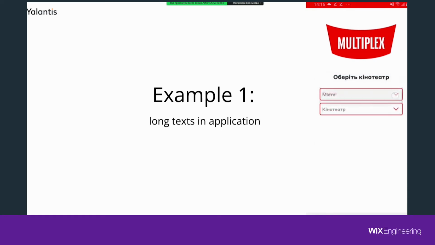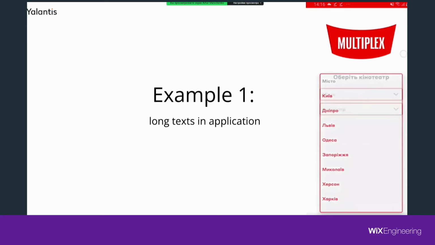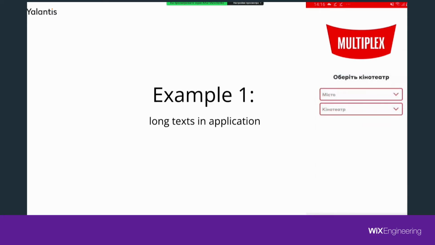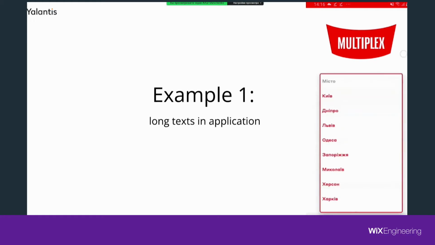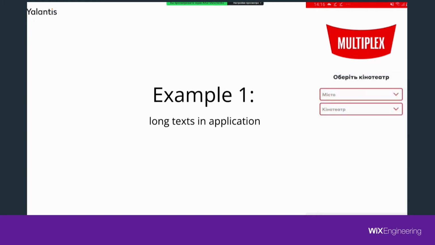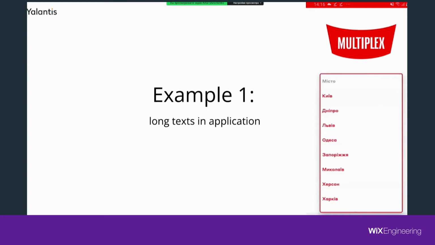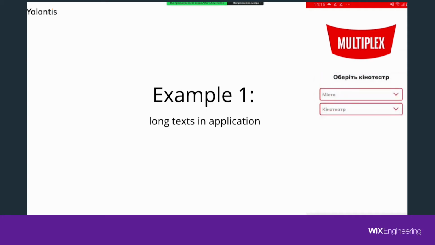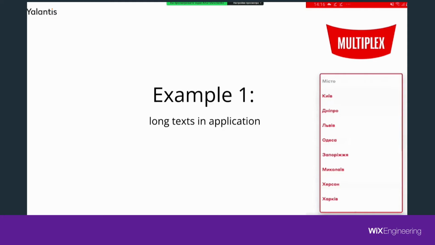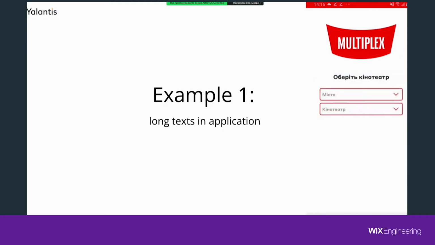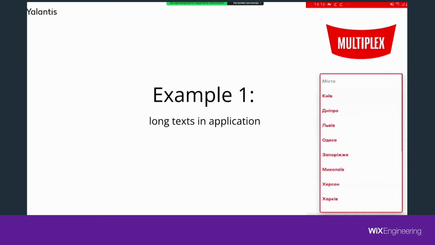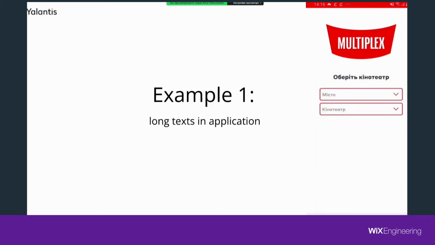So let's consider this application. When we open it, we see some cities and some cinemas. And at this moment, as curious testers, we should ask ourselves a question: what will happen if there are no cities, or how does the layout behave if the names of the cities are too long? And for this, we need to understand how the cities came to our application.